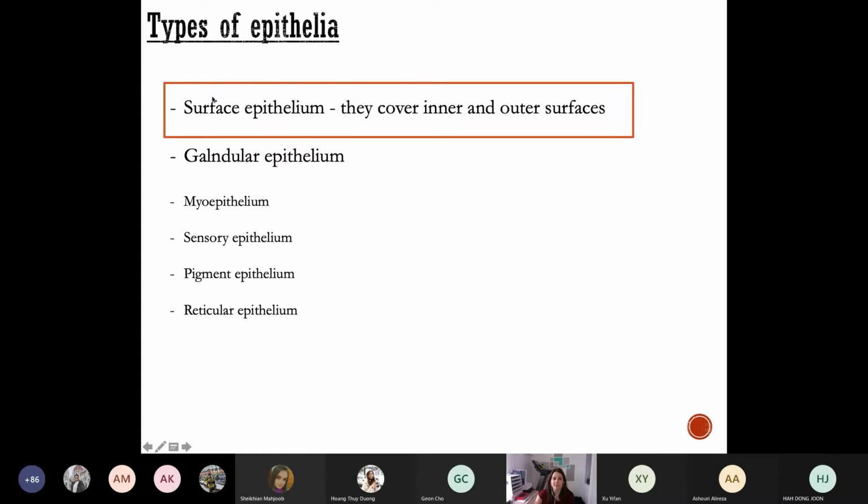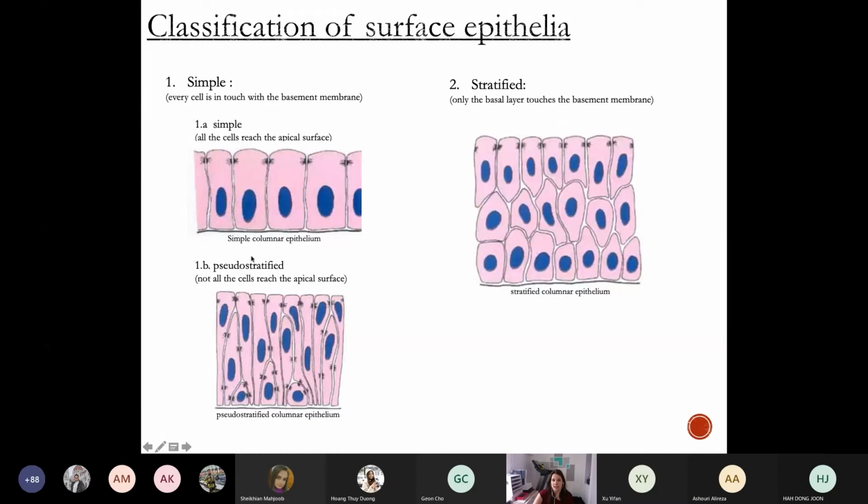So today we will discuss the surface epithelium, which are found either on inner surfaces of luminal organs, which have a lumen or a cavity inside, or on outer surfaces, just like the outer layer of the skin. We already began with this slide last week: there are two main types of surface epithelia, simple and stratified.